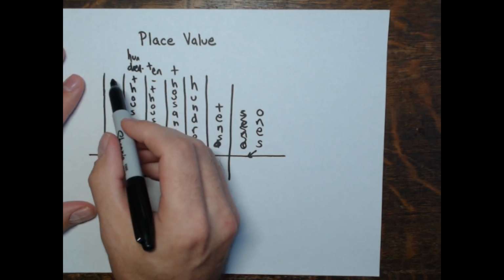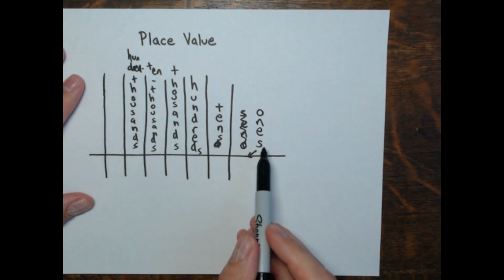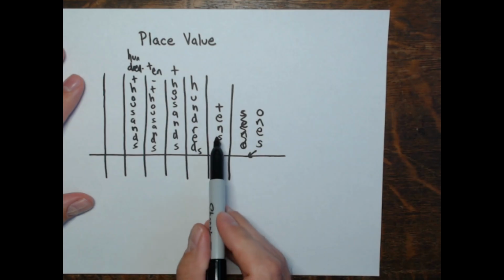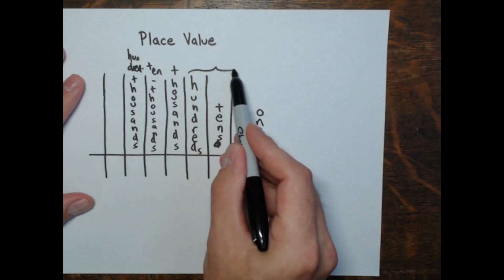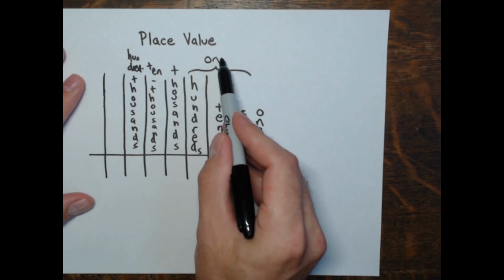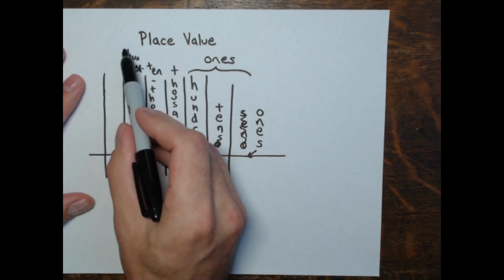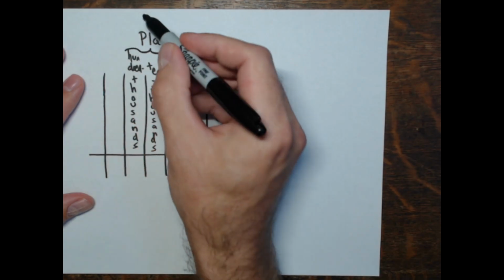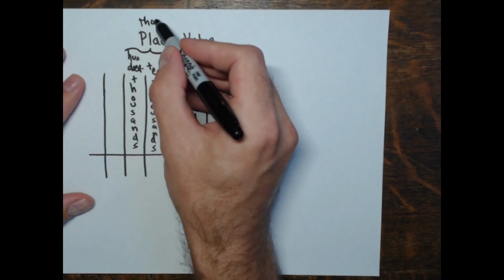After that, the millions. All right, again, every three is a period. So again, this is the ones period. Then the next three are the thousands period.